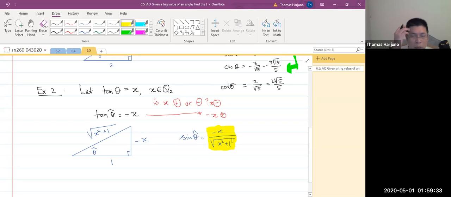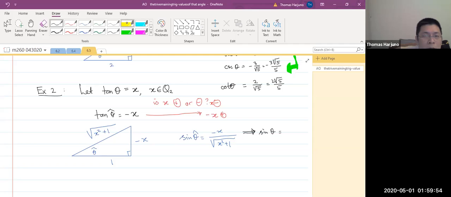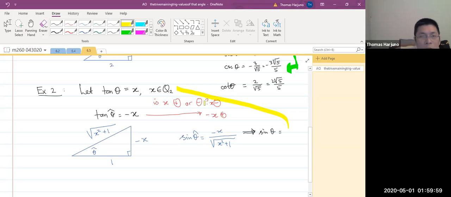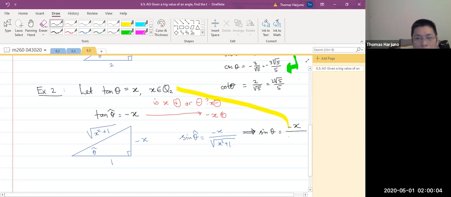The numerator, negative x, is positive. That's what we said earlier, right? Now if I want to find sine theta, should that be positive or negative? Positive, but this expression is already positive, so I would just keep it that way. This is negative x over the square root of x squared plus 1.